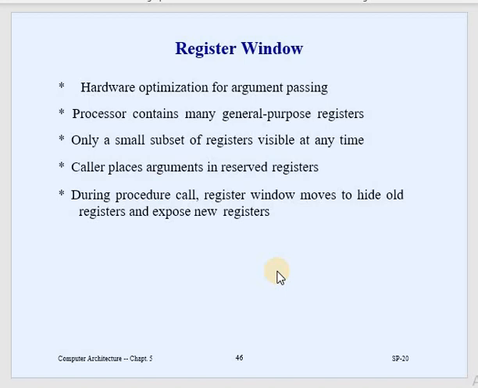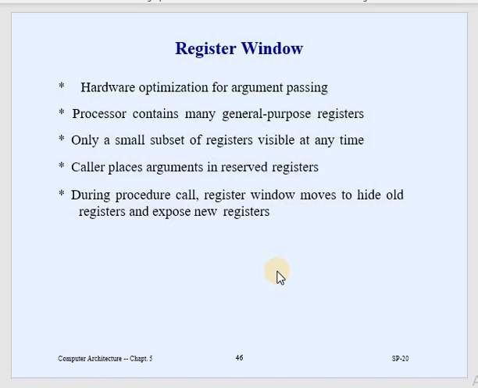The register window, how does it work? It is a hardware optimization for argument passing, and the processor contains many general purpose registers. Only a small subset of registers is visible at any time. Not all the general purpose registers are visible all the time.